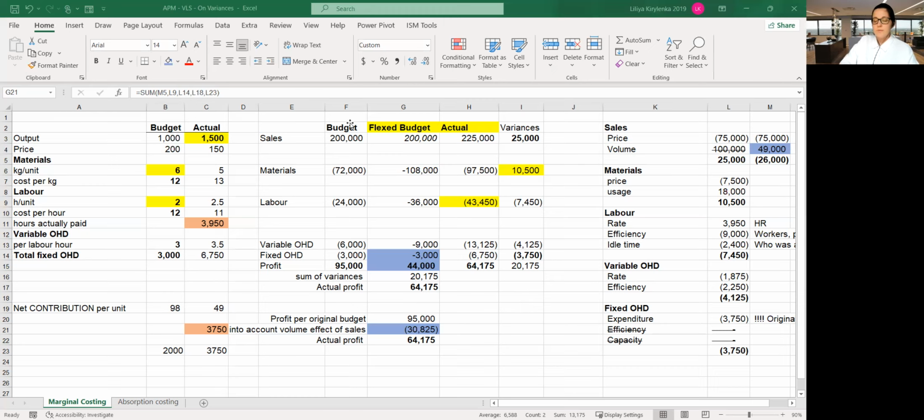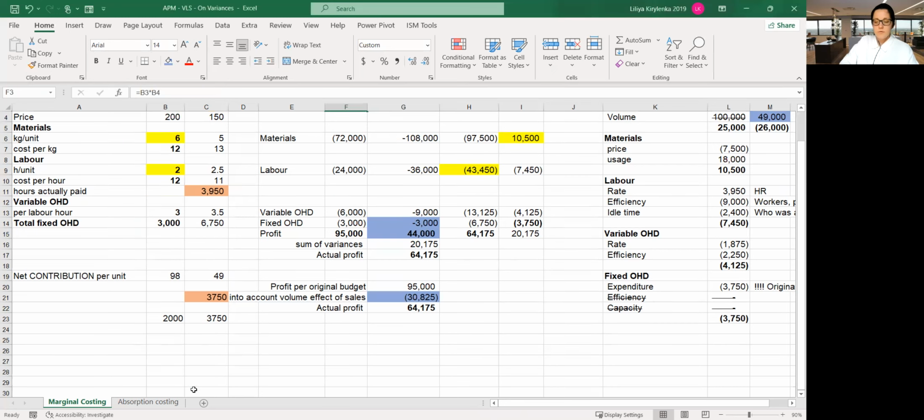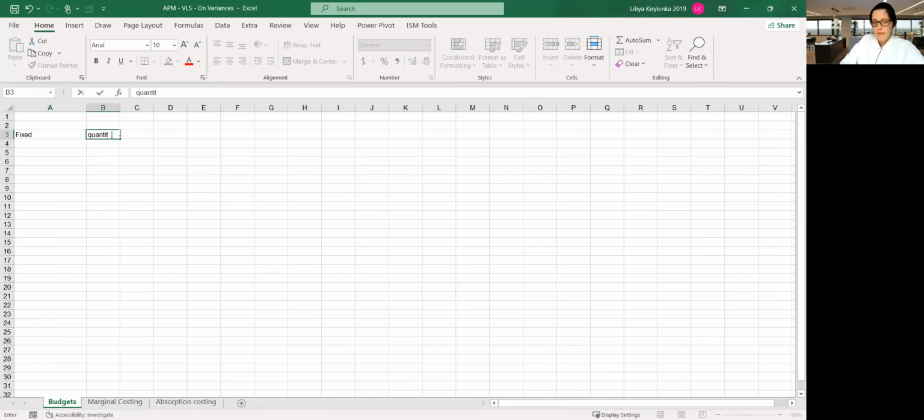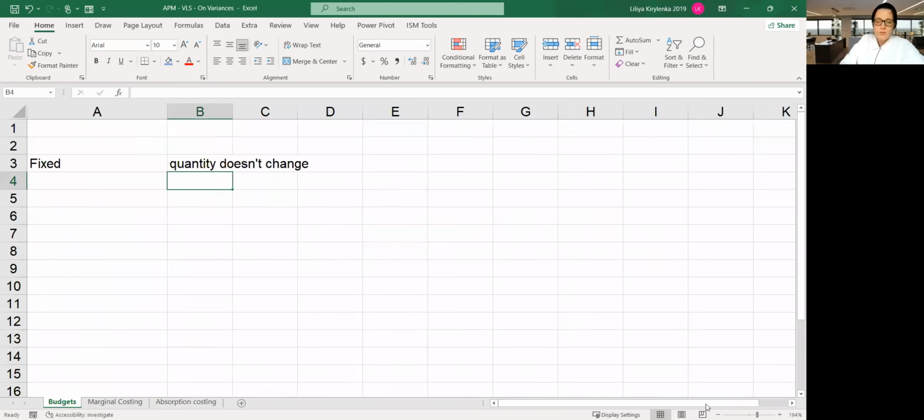As for the budgets themselves, just to sum up what kind of budgets we have. We have fixed budget. Fixed budget means that quantity doesn't change. The main benefit of this budget is that it is very easy. So you always know what amount to take for revenue, for materials, and so on.